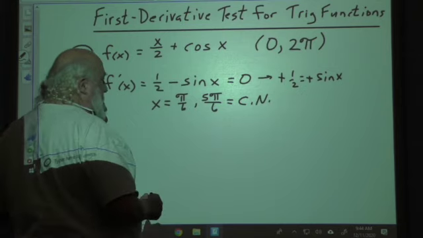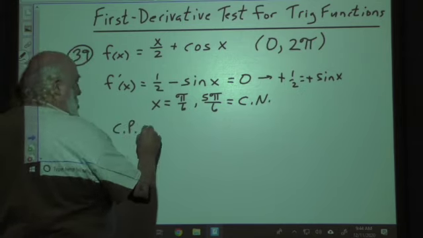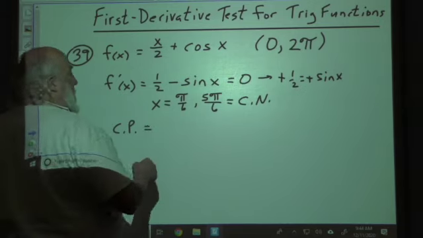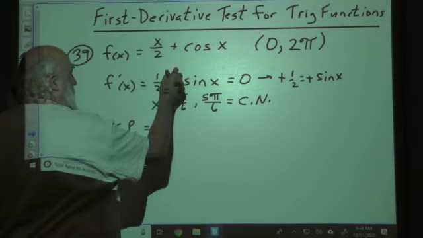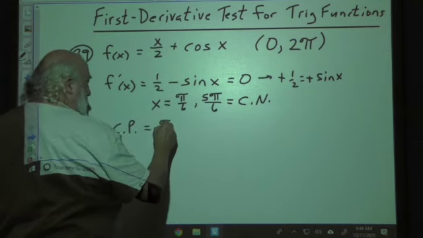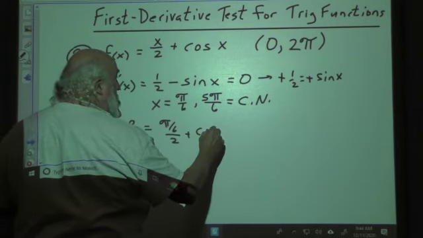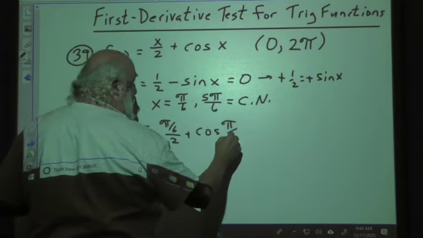To find the critical points, we take the original function and plug in pi over 6 first. So, pi over 6 over 2 plus cosine of pi over 6.